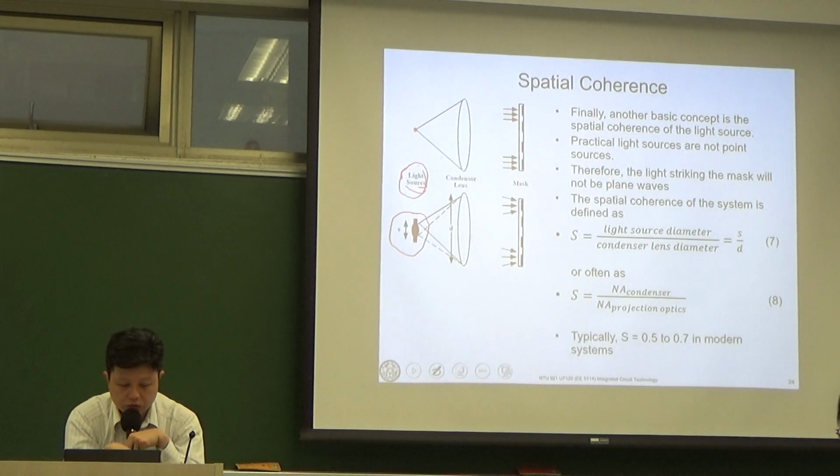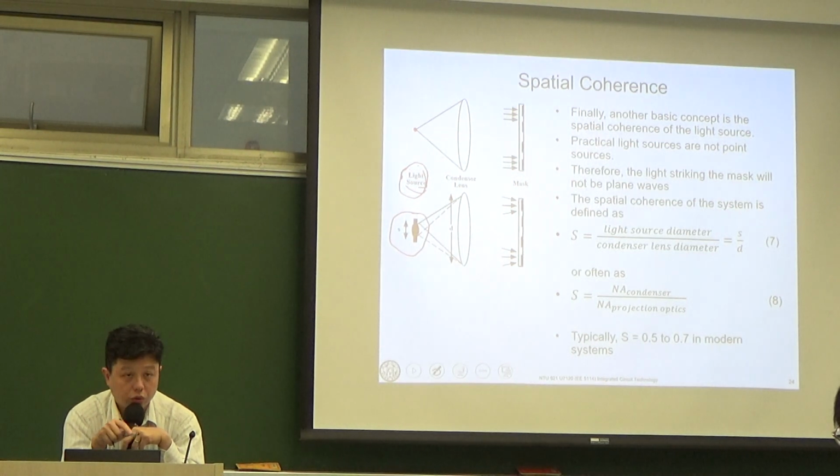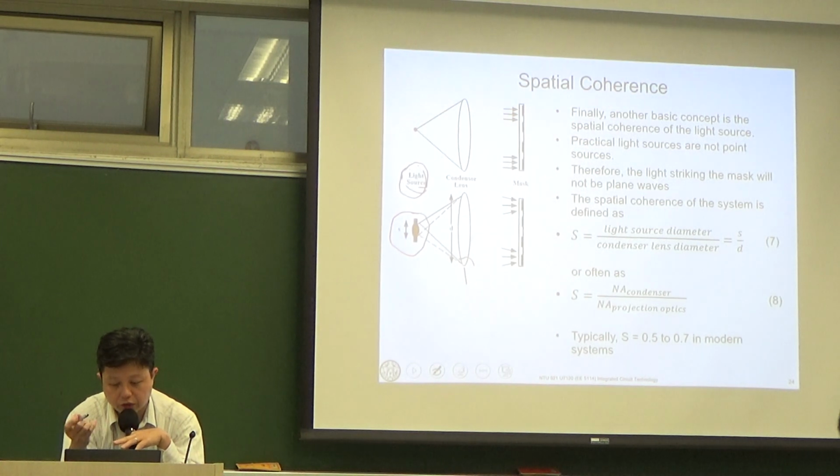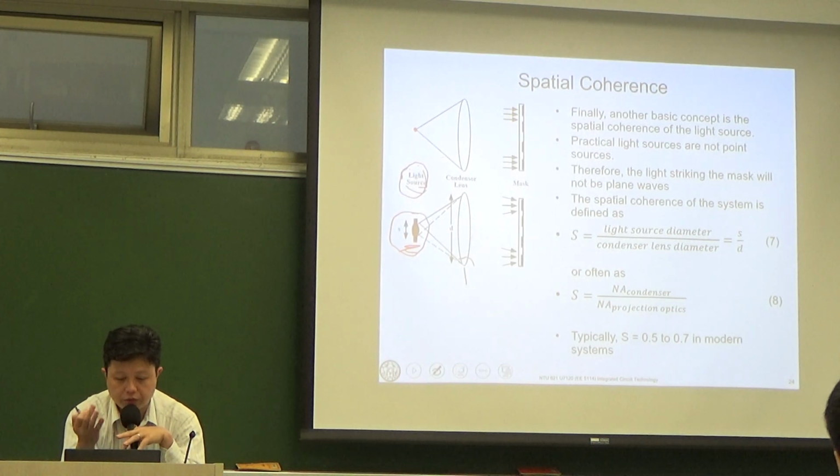The light coming from different areas of this light source will be focused with different angles after passing through this condenser lens. And since this is not a point source, you won't be able to generate perfect parallel light. So right now your light is not parallel light.